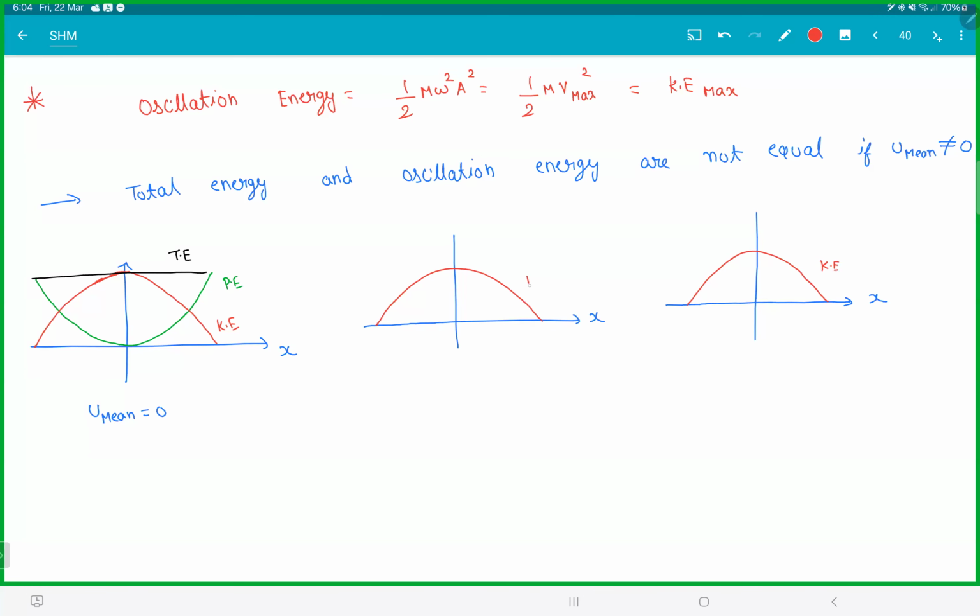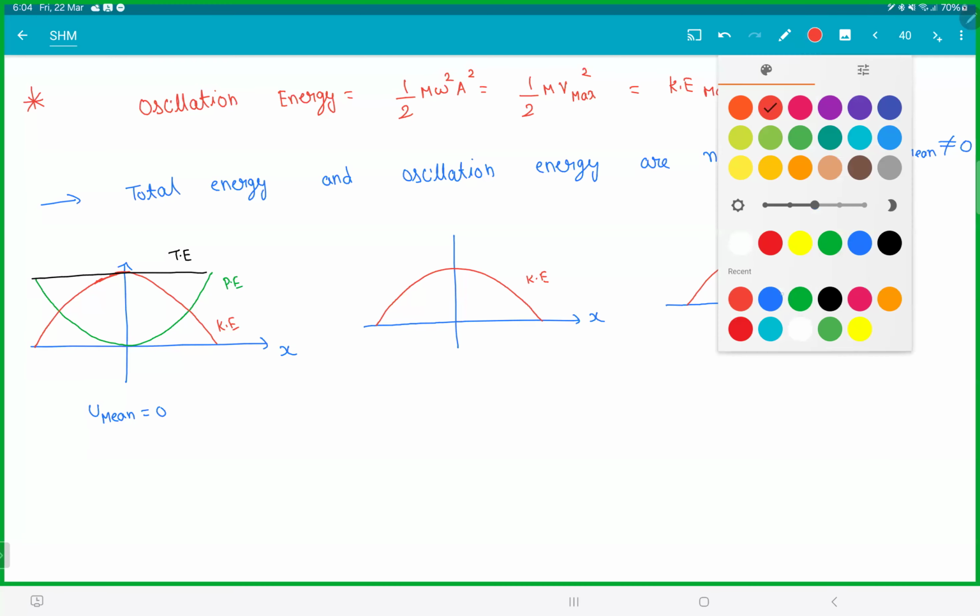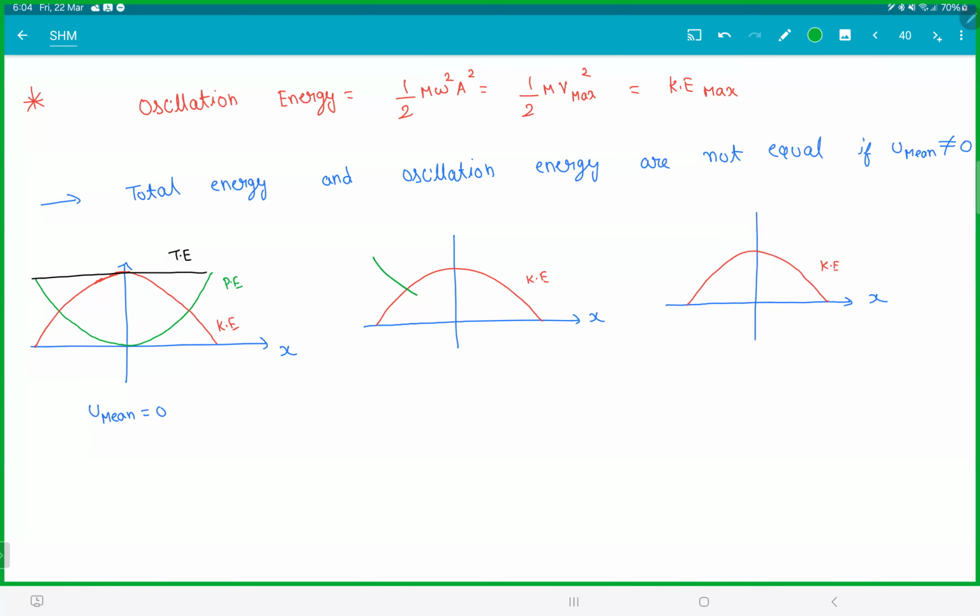Kinetic energy will look like this only. The potential energy can change. This is the case where U mean is greater than 0.